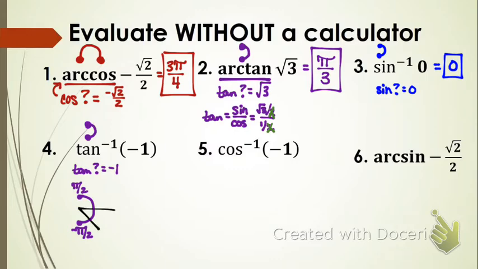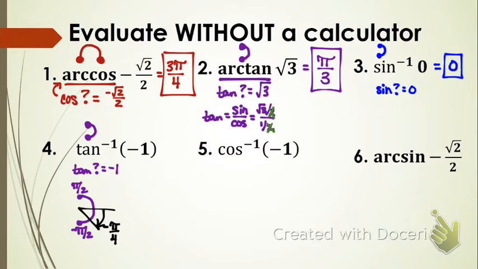So I know that this down here, 7 pi over 4, yes, but that's not in the range that I'm looking. So I have to write it as a negative angle. So that would be negative pi over 4. Because when we measure it this way, we have our negative angles. Tangent and sine are going to behave like that.